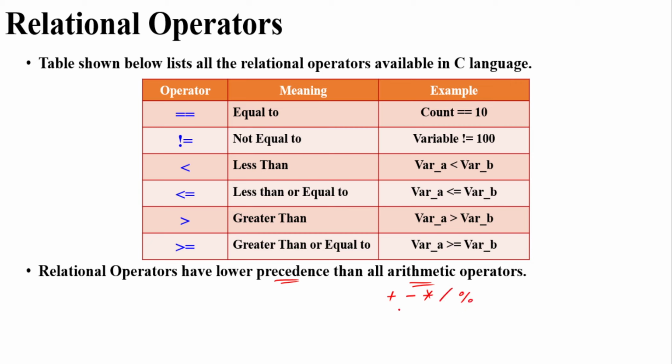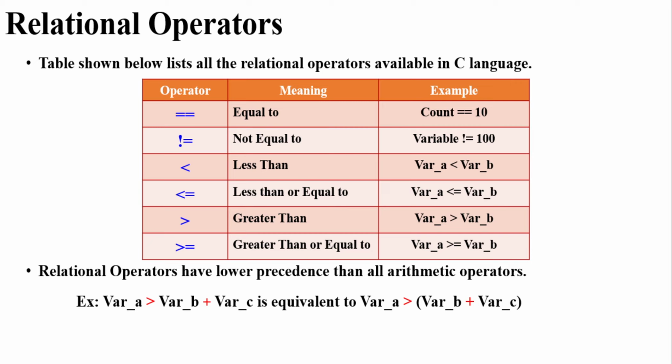Whenever you find a statement where you have an arithmetic and a relational operator together, the arithmetic operators will always be performed first, and only after that will you perform the relational operators, because arithmetic operators have higher precedence than relational operators. We will see that in the example file.